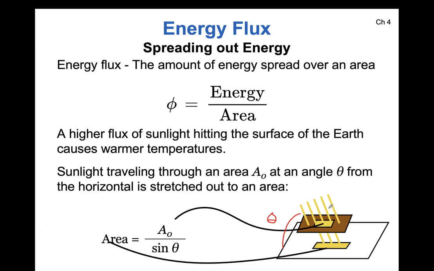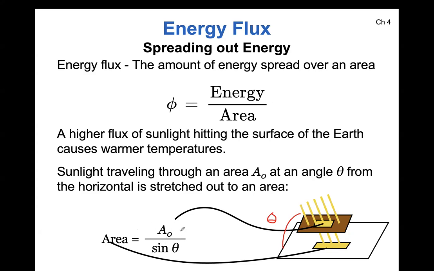December is the middle of winter, at least in the northern hemisphere, and the month of June is winter in the southern hemisphere. So then theta is smaller. Going back to the equation, when theta is smaller, this equation gives you a larger area, because as theta becomes smaller, the sine theta term becomes a bigger term, and then you're dividing by a bigger number.